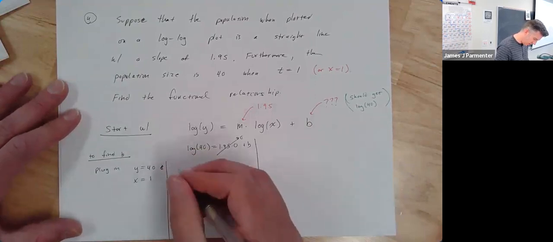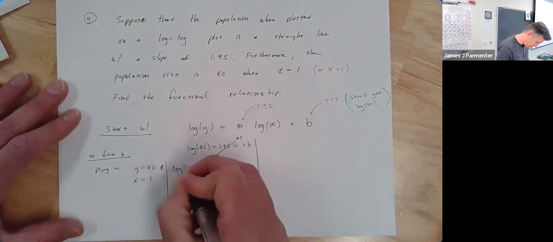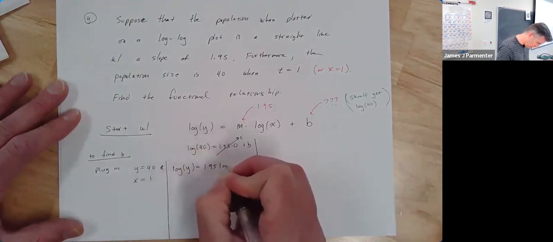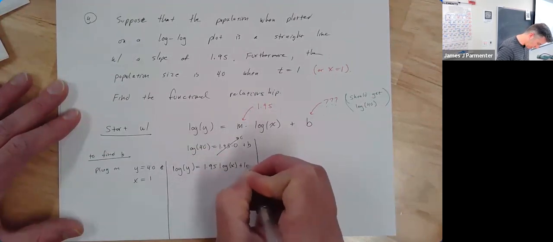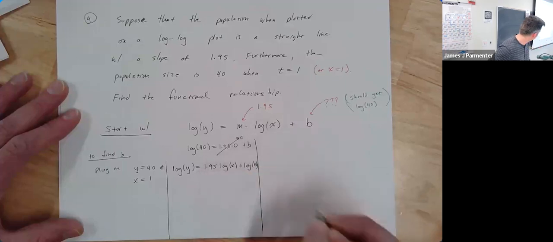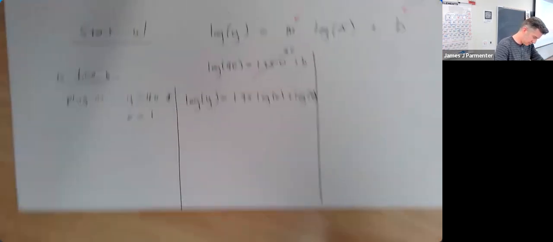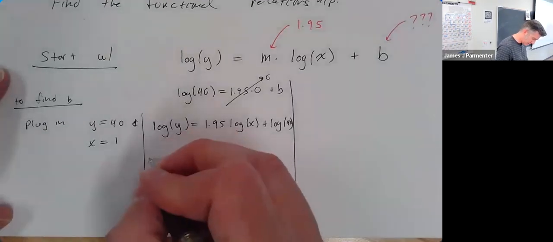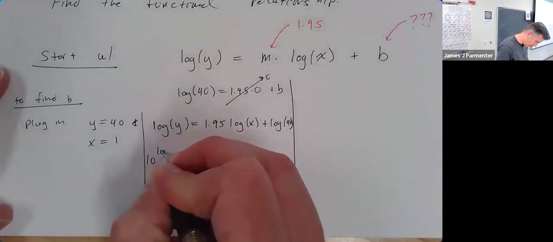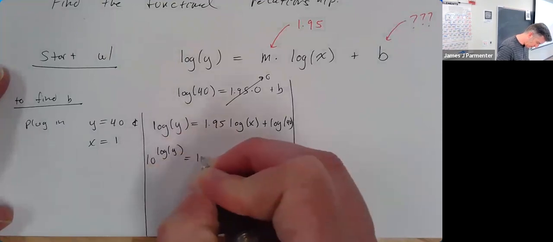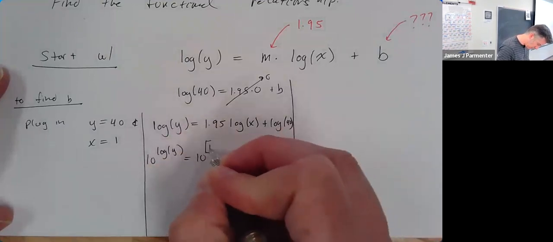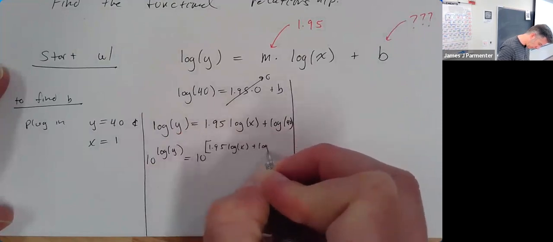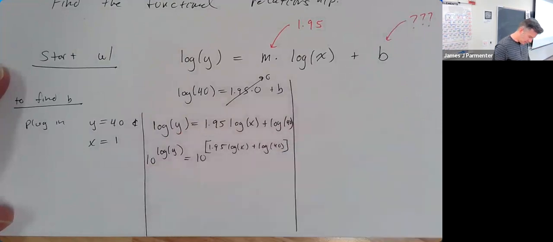Did I leave myself enough room? Probably not. Log of Y equals 1.95 log of X plus log of 40. And then 10 to the both sides. So 10 to the log of Y equals 10 to the 1.95 log of X plus log of 40. And then break it apart.